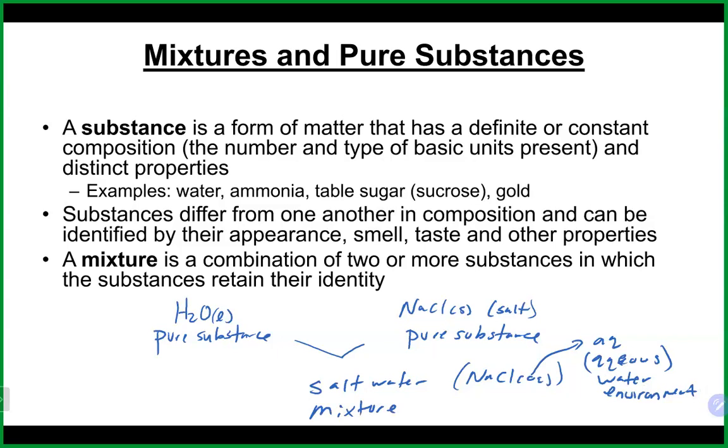So we basically took both of those pure substances and put them together. One of the most important things about a mixture is that when we put those things together, everybody still retains their identity. So even though it may not look like something's there, everybody is still able to maintain their identity. That's really important because when I make a mixture, would that be a physical change or a chemical change, if everybody maintains their identity?